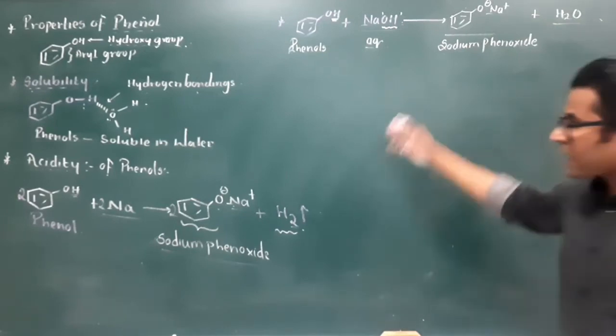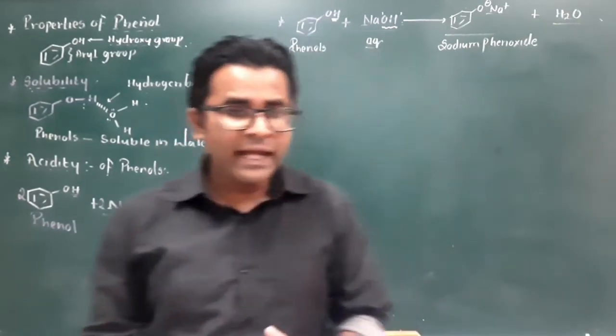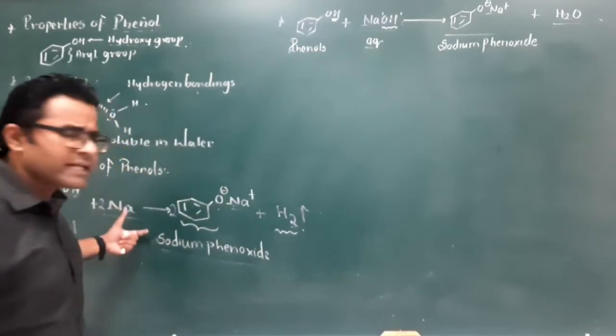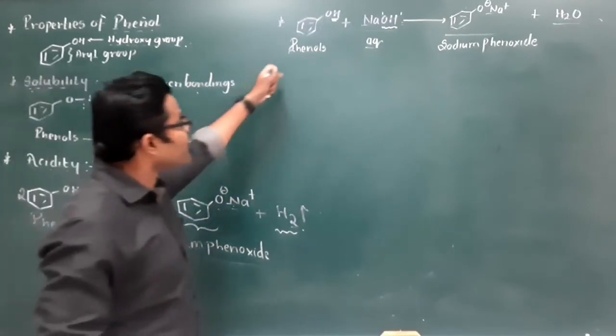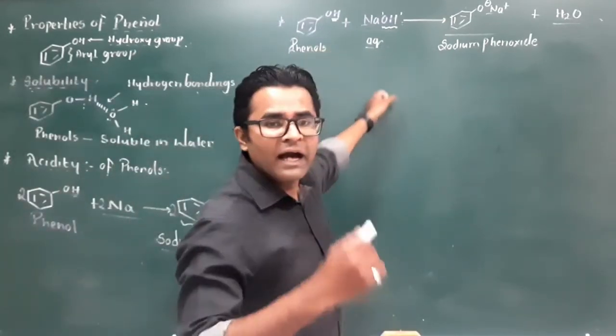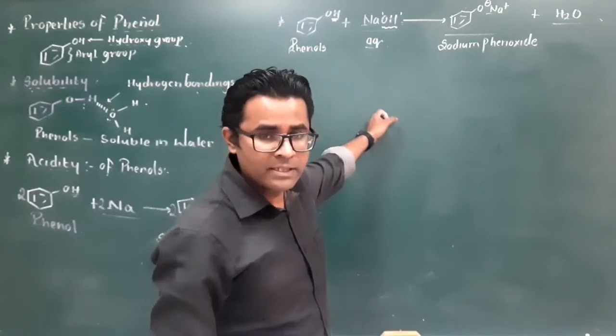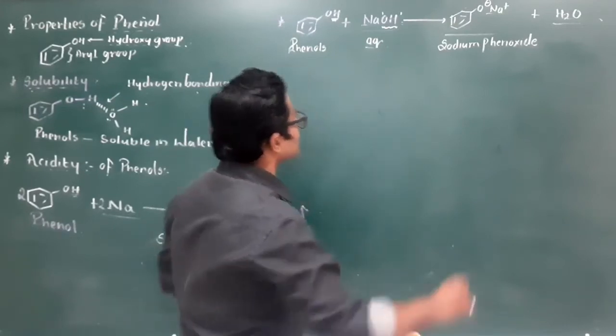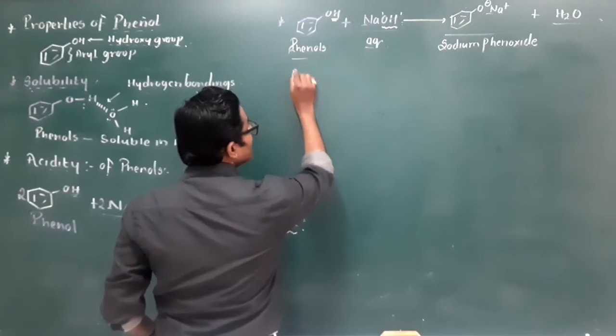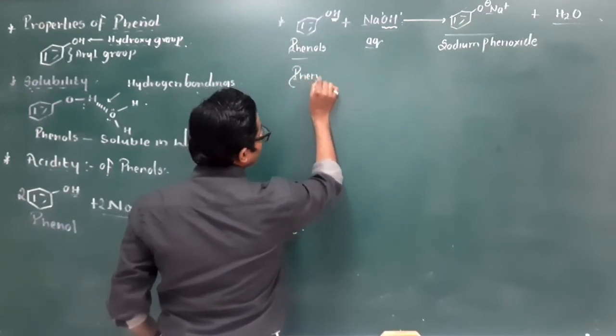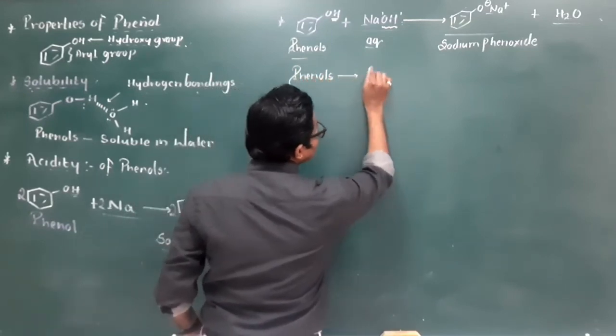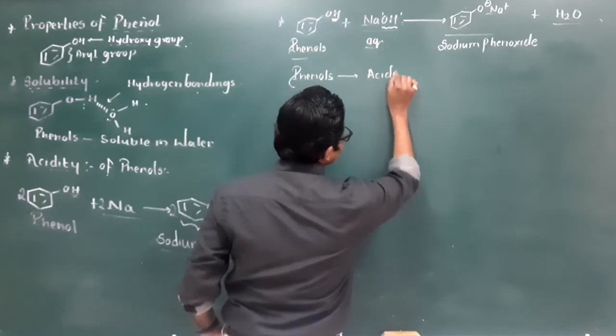Now these two reactions, wherein the phenol is reacting with active metals and also reacting with the alkali, indicate that the phenols have acidic characters.